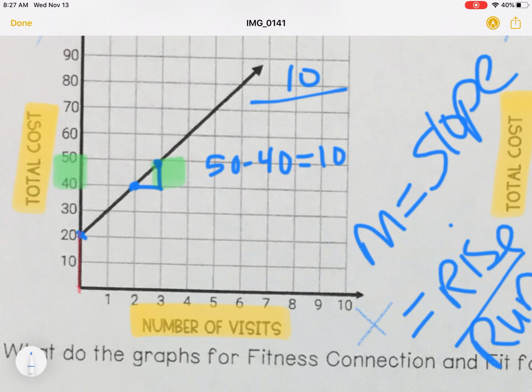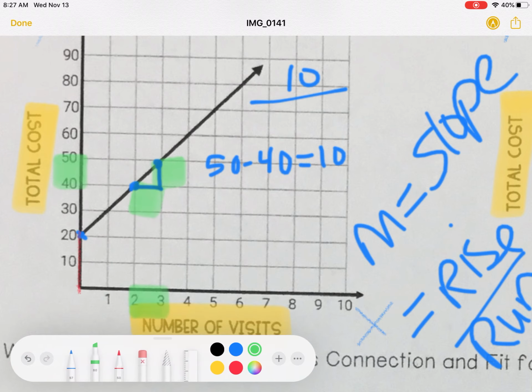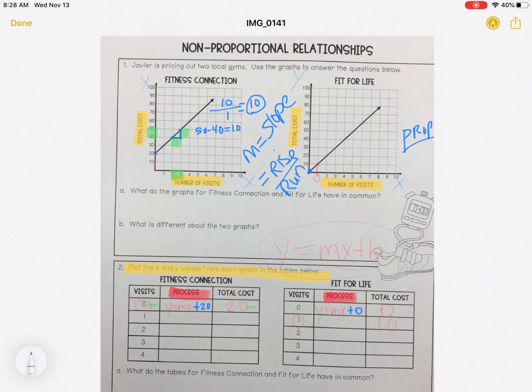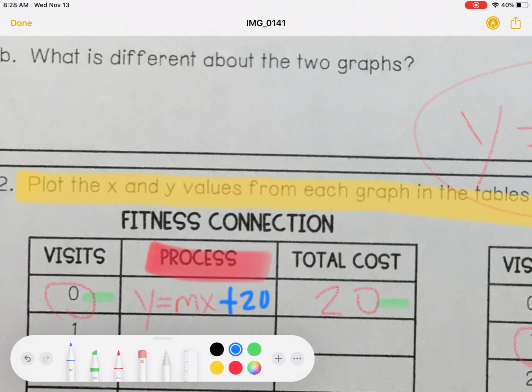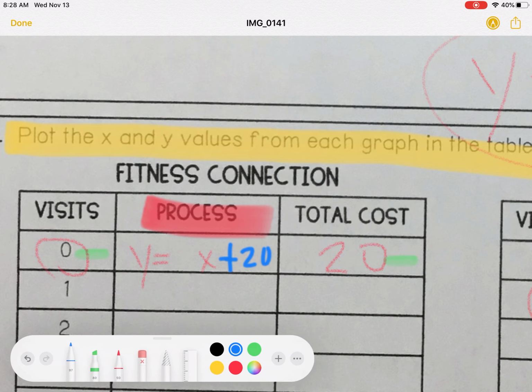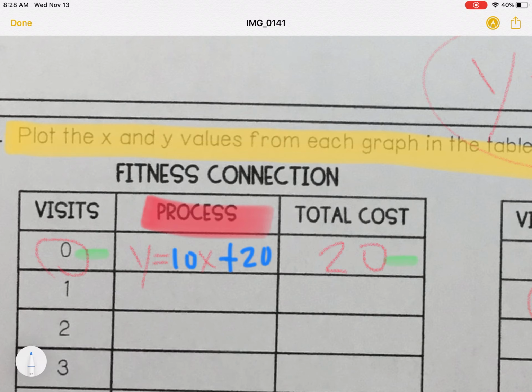Let me write that down. What is my run? Well, my run is from here to here, 2 to 3. So my run is 1. 10 divided by 1 is 10. So my slope is 10. So then you would come down and you would erase your m and you would put your slope, 10x.